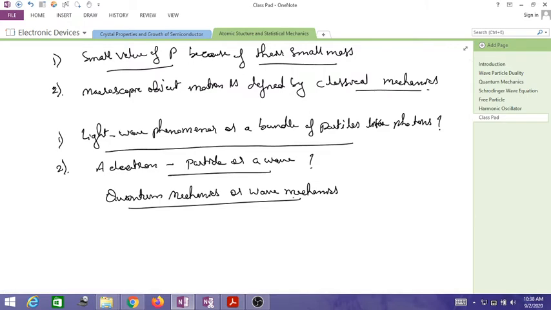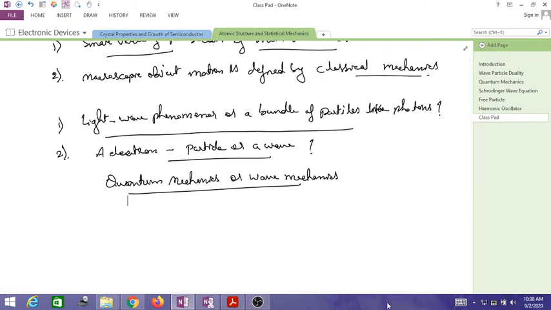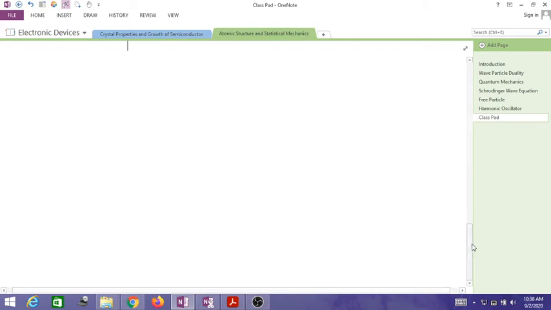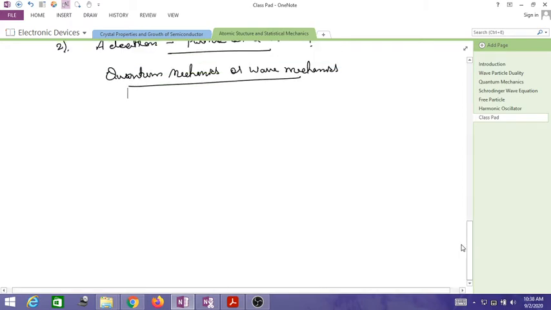Before discussing quantum mechanics, let us take a small example to calculate the wavelength using de Broglie's wave equation, by considering the mass of the electron and its velocity.